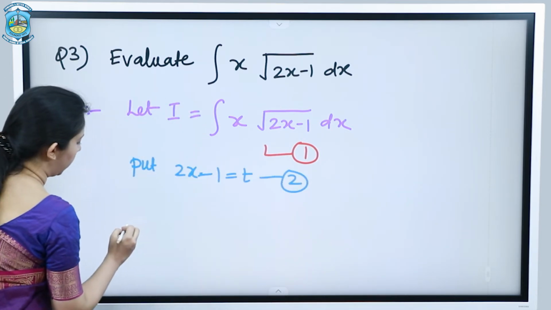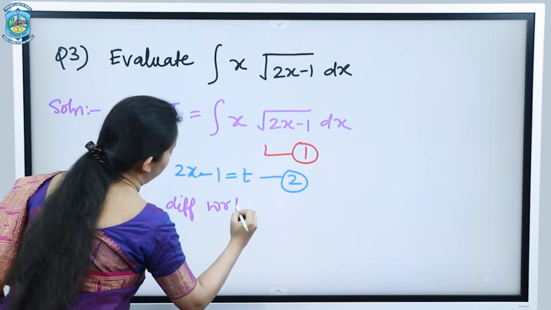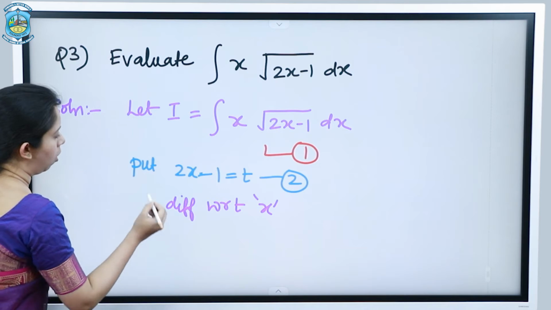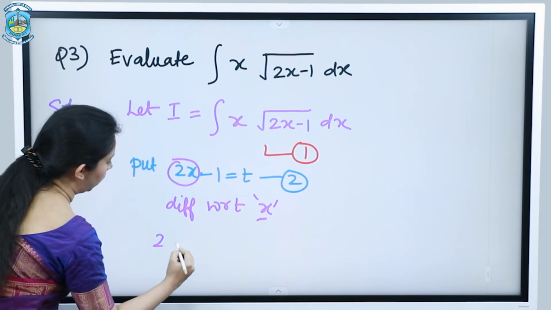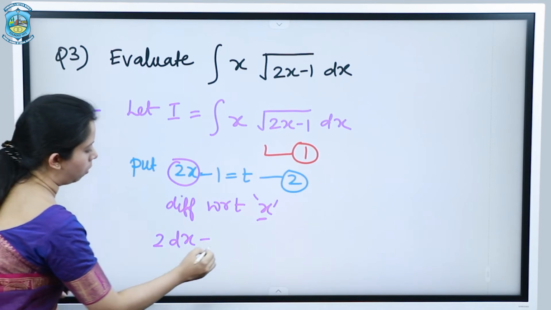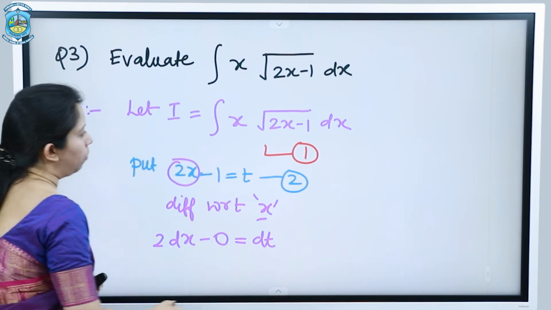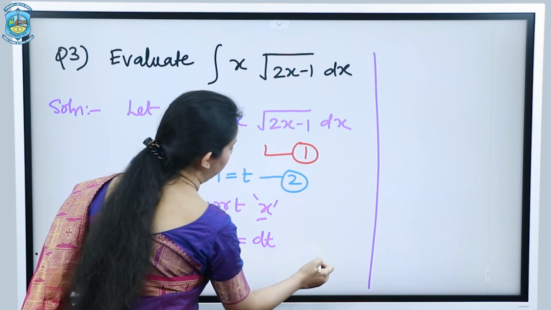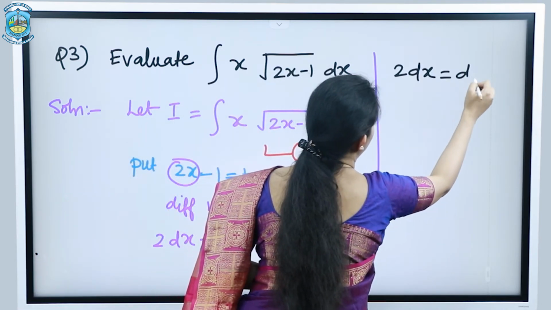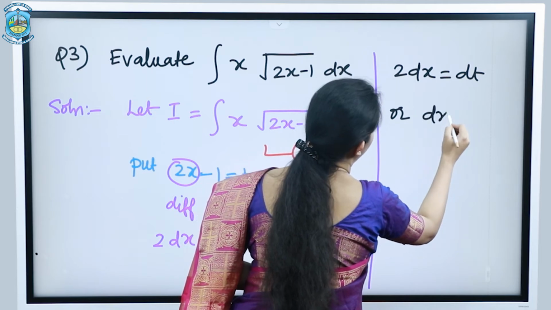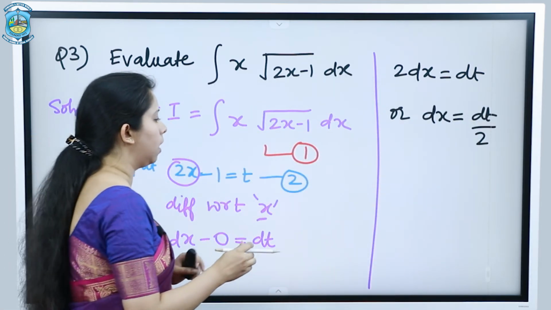So on differentiating both sides with respect to x, we will get differentiation of 2x with respect to x will give us 2 dx minus differentiation of 1 is 0 and we will get dt. So finally what we are getting? We are getting 2 dx is equal to dt, or from here we can write dx is dt by 2. This is the value of dx, that is dt by 2.